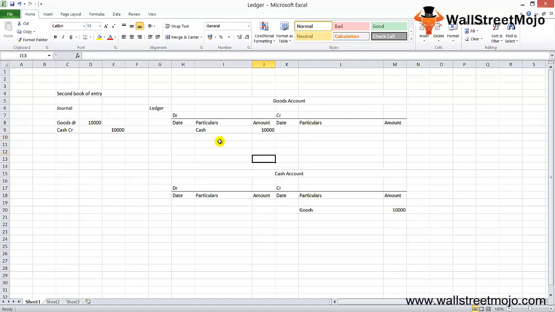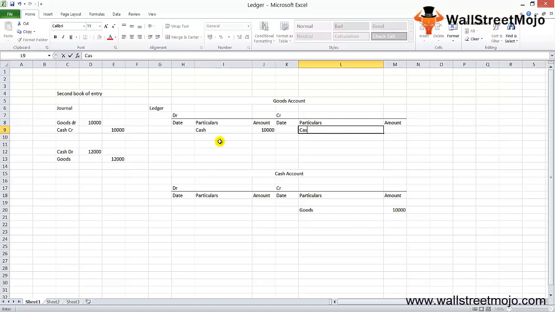Let's take another example. Let's say there's a company called G company which sells goods in cash. What is coming in? The cash is coming in, that is a debit, and goods are going out, that is a credit. Let's say they sold the goods for 12,000, and this is the debit amount, this is the credit amount. So we'll record this entry over here, something like this.